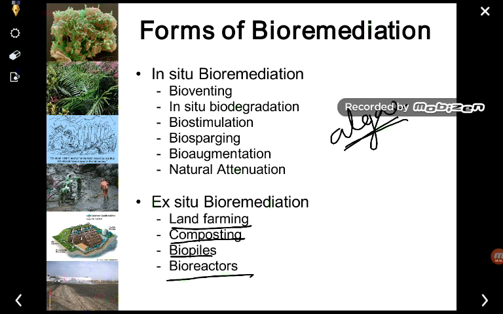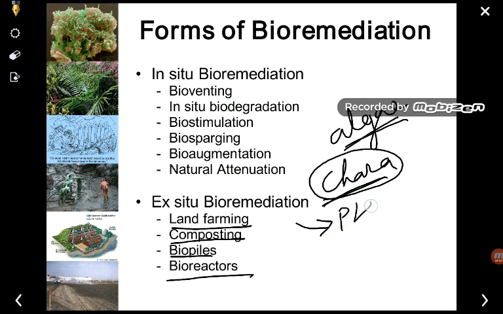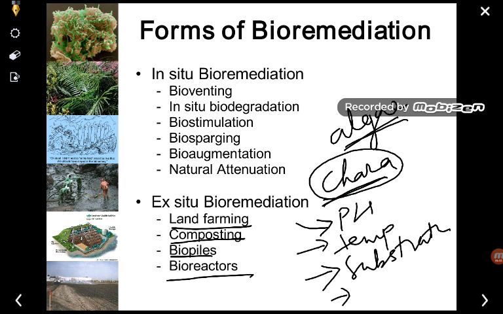Consider you are going to grow Chara, which has certain medicinal importance. In order to grow it in artificial conditions, factors like pH, temperature, substratum, etc. have to be considered, and then they are grown.